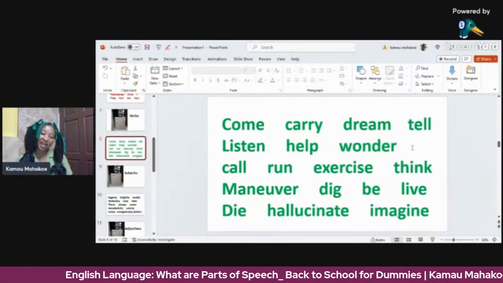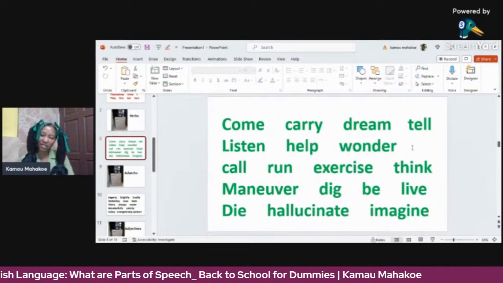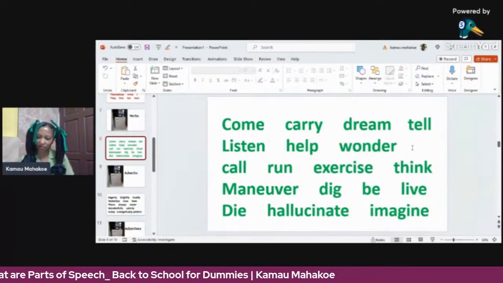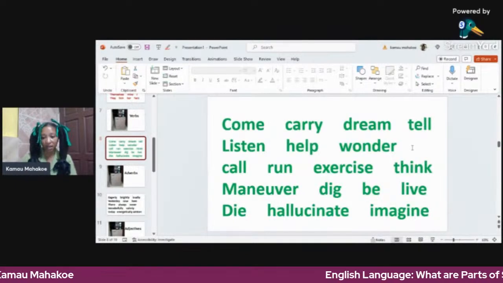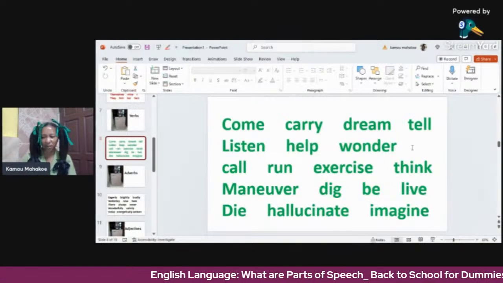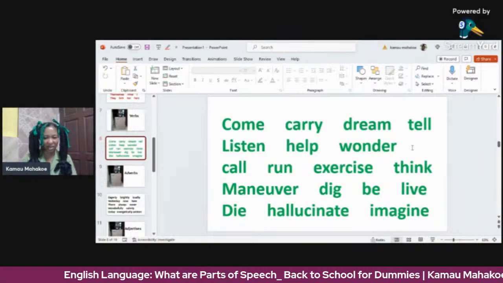Can you see any of the verbs here that you would say, but why is that a verb? When you're looking at this list of words, are there any words coming out at you and you're wondering, I don't think that word should be on the list. That's not really an action.